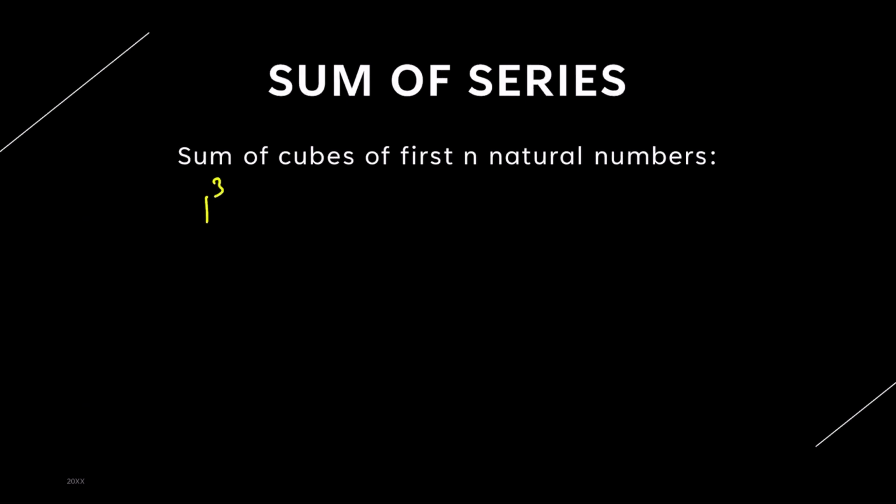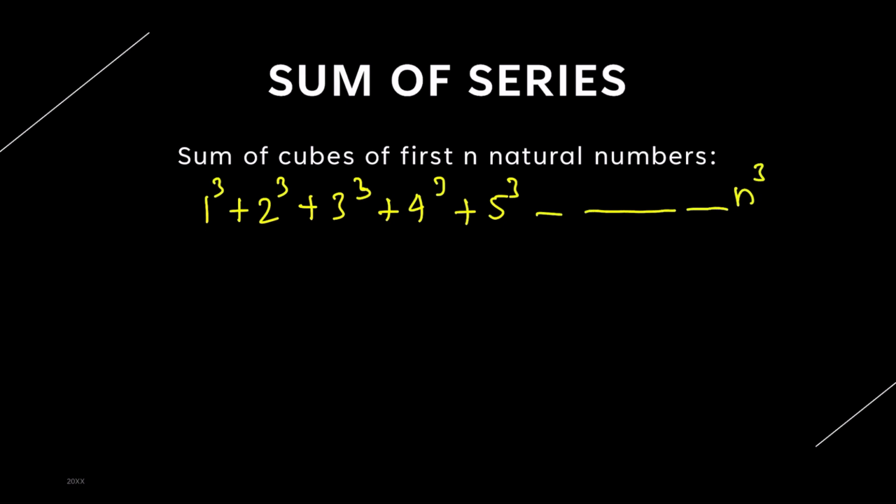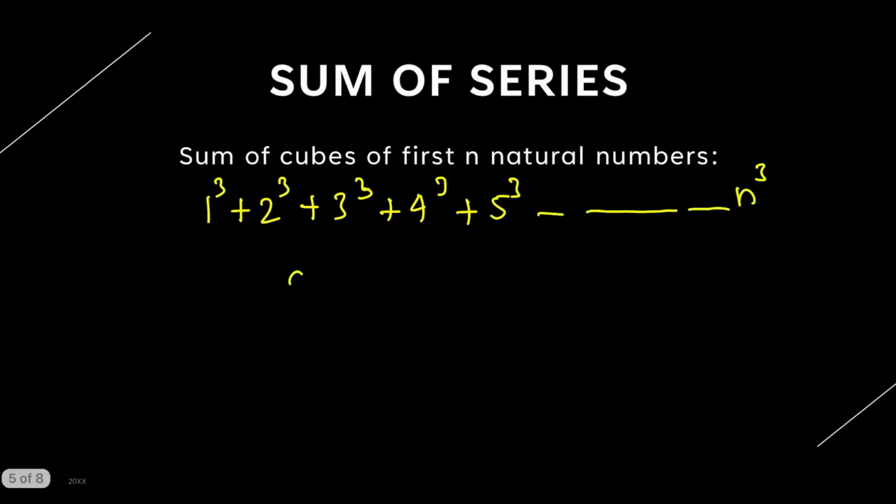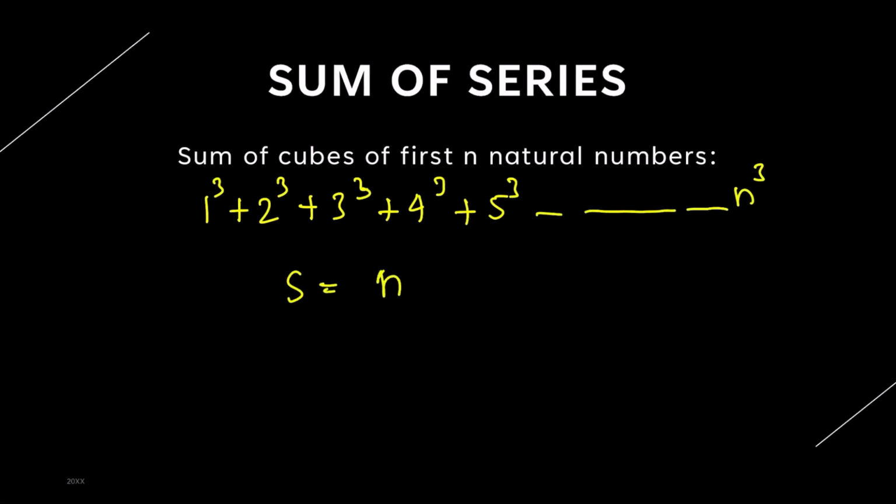Again, they are asking you 1 cube, 2 cube, 3 cube, 4 cube, 5 cube up to n cube. It means they are asking you what is the sum of cubes of the first n natural numbers. I hope till now it is clear what we are trying to do here. The formula for this is n square, n plus 1 whole square by 4.